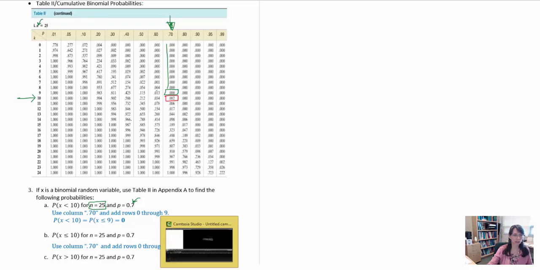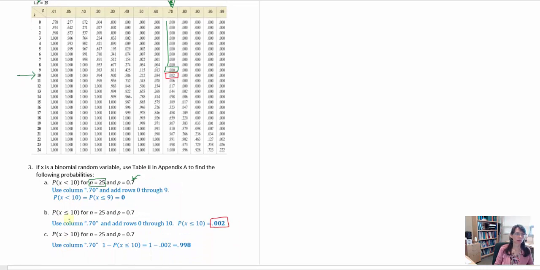Our third question is asking for the probability of x greater than 10. Again, the equal is not included, so the values greater than 10 are 11, 12, 13, and upwards. So we want to think of this in terms of the complement. We're thinking of 1 minus some probability.